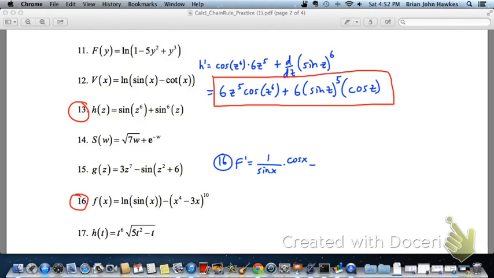And then minus, we have something to the 10th power, and so we have the 10th power, bring that out front, so minus 10 times what's inside, x to the fourth minus 3x, to the 10 minus 1, or 9, and then multiply that by the derivative of the inside, and the derivative of the inside is 4x cubed, derivative of x to the fourth, minus the derivative of 3x, which is 3.